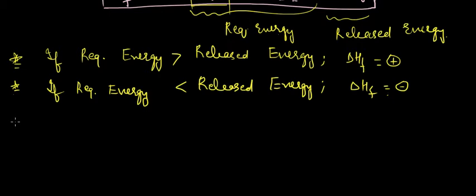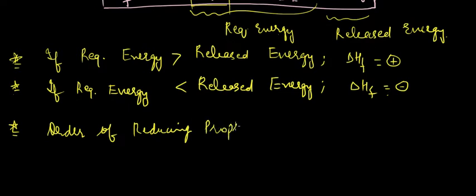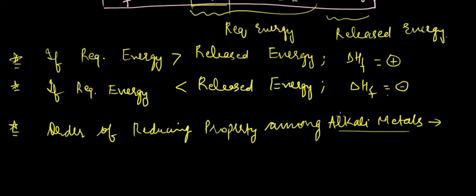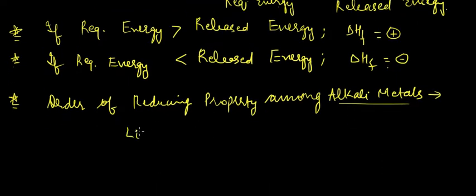Hence we can write, for example, the order of reducing property among alkali metals would be: Li would be the most reducing, having the most reducing character, then Cs, then Rb, then K, then Na.